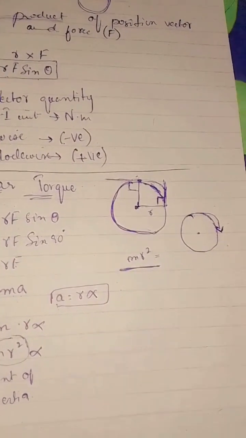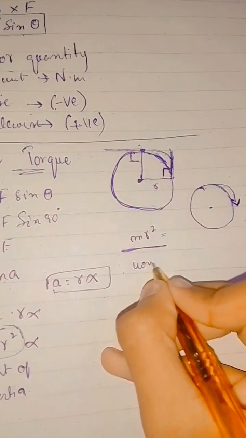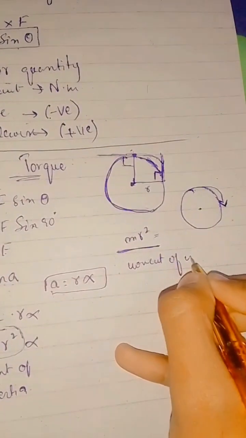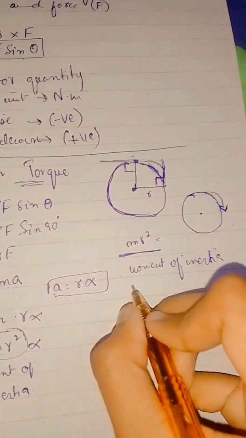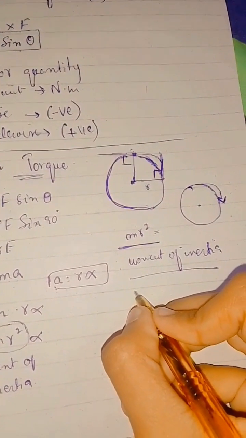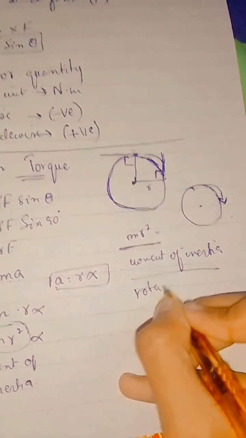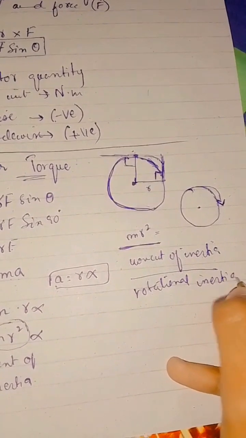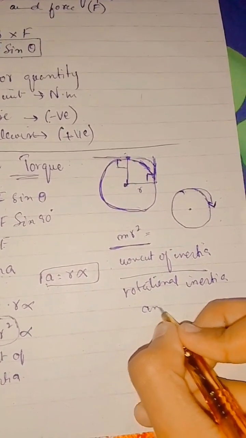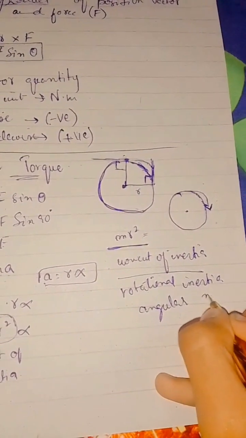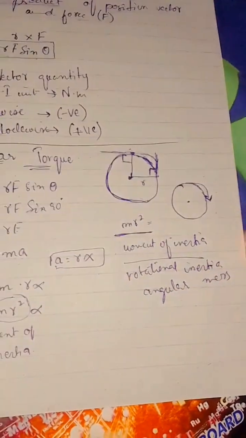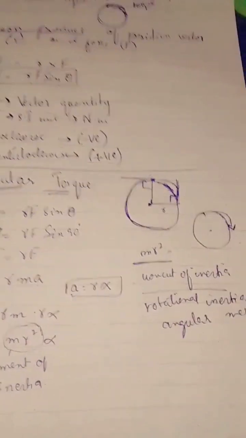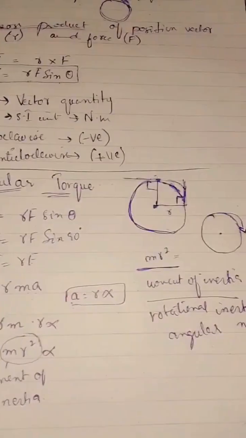Moment of inertia is also known as rotational inertia, as well as angular mass. Those are the other names of moment of inertia. So a body moving with a circular mass or angular mass, that is known as moment of inertia.